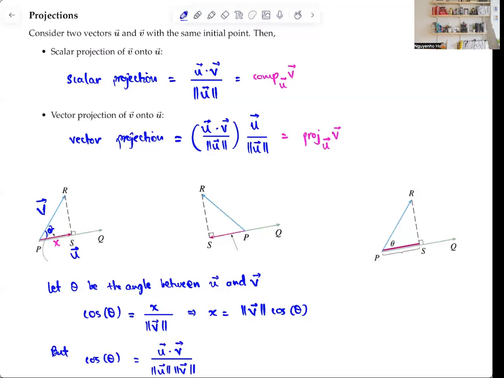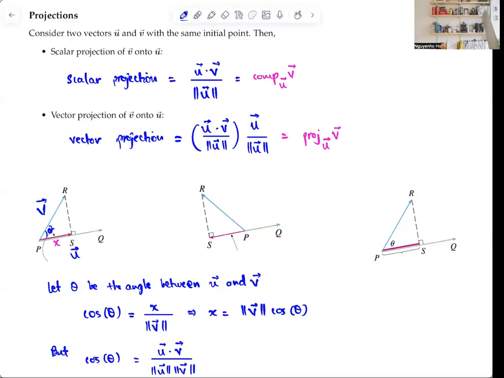So for projections, assume that you have 2 vectors with the same initial point. In this case, you have vector u here and vector v. With projections, you want to project vector v onto vector u. When you do that, you have 2 things happening. You have a shadow, right?